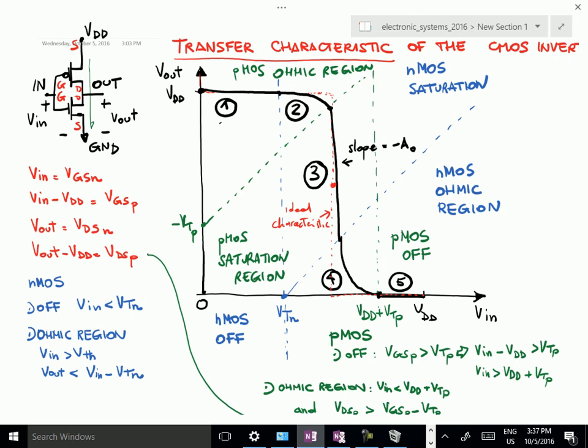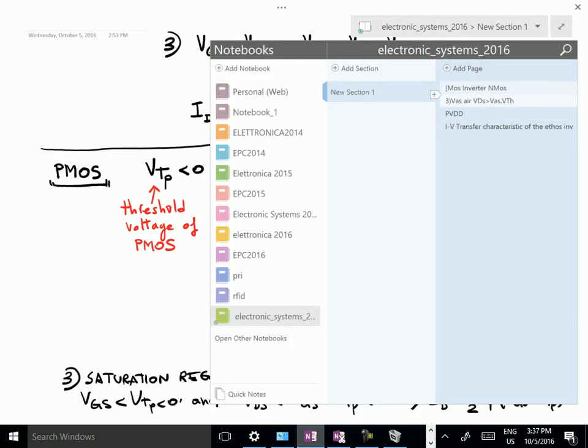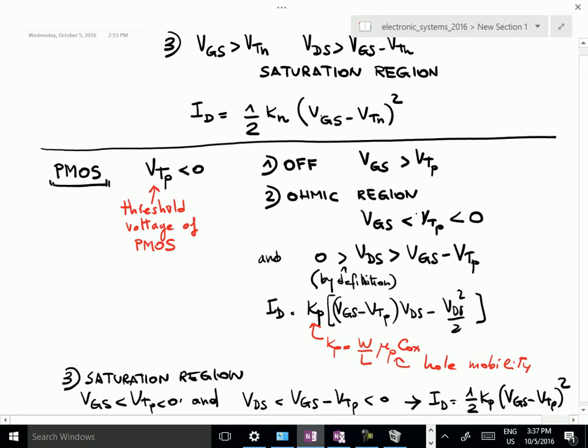If you remember the expressions that we have used for the PMOS and for the NMOS, look at the saturation region. For the ohmic region, the situation is the same. You can see that if Kn is equal to Kp and Vtn is equal to minus Vtp, Vtp is negative, Vtn is positive, the IV characteristics of the NMOS and of the PMOS are identical in the saturation region.